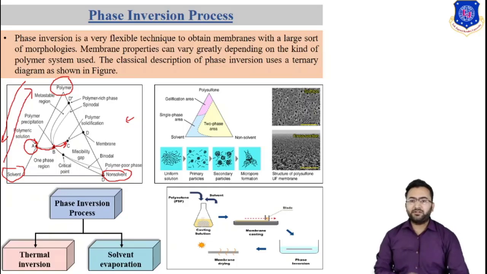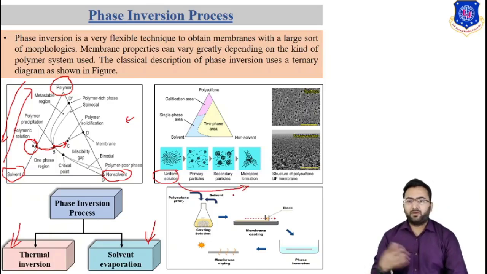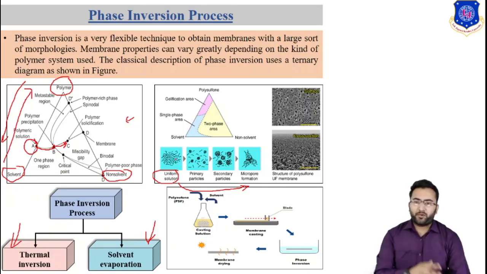So there are mainly two types of method for phase inversion. One is the thermal inversion process, and second is the solvent inversion process. So if we go from this uniform solution to the polymer side, or we can say from point A to point D, we get this type of membrane.